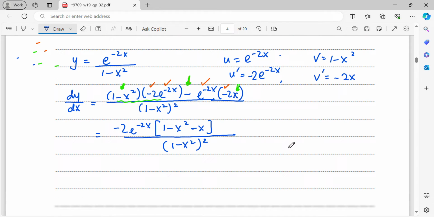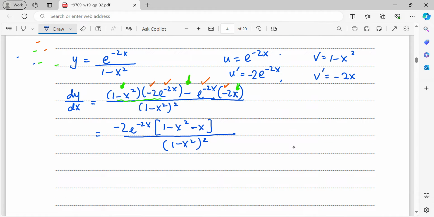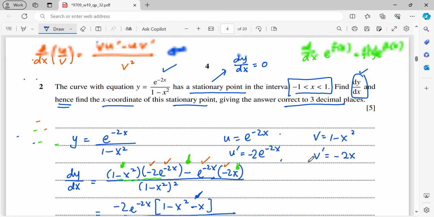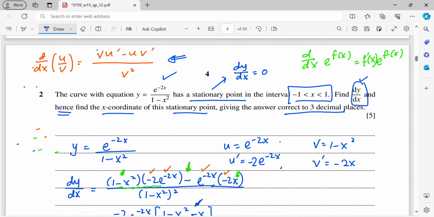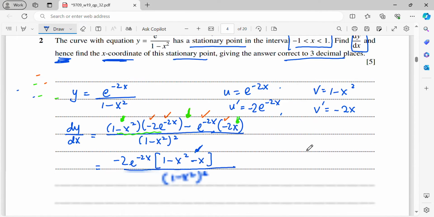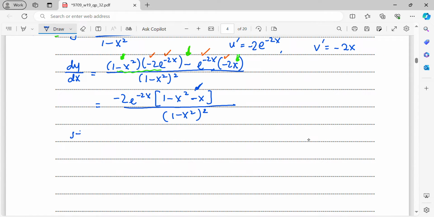Okay, and I notice that I cannot factorize or simplify this quadratic function inside the square brackets. That means this is my dy/dx. So that is done for the first part, dy/dx, and hence find the x coordinate of the stationary point. Stationary point means dy/dx equals 0.